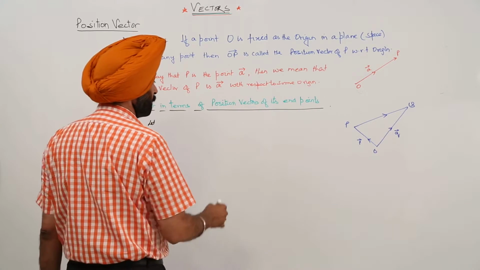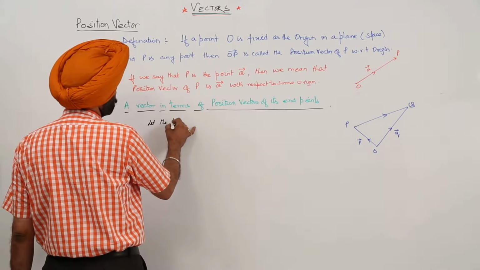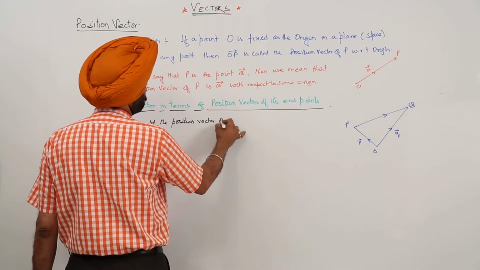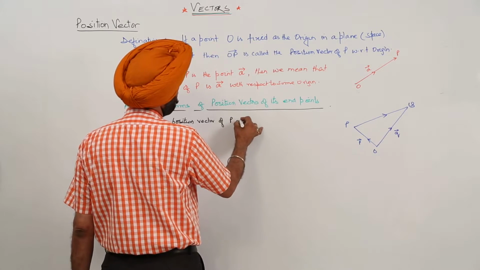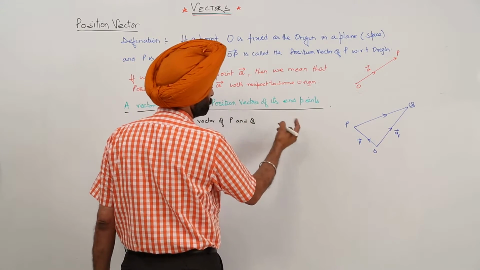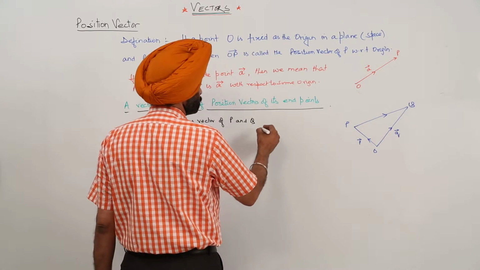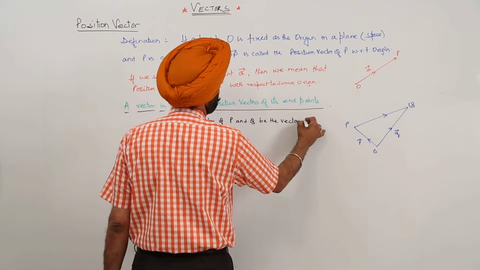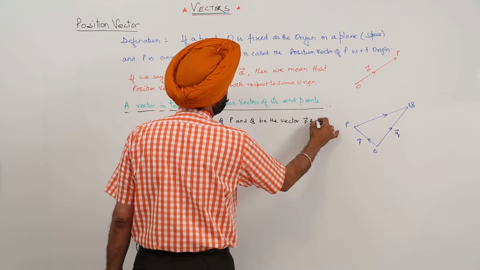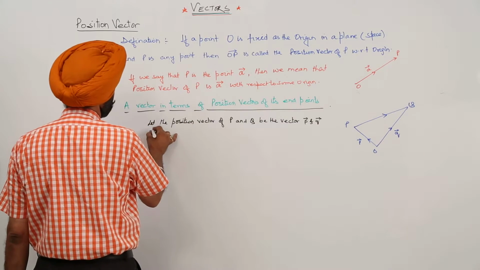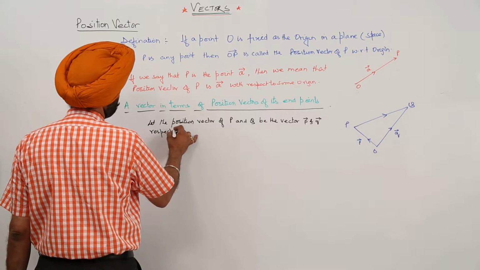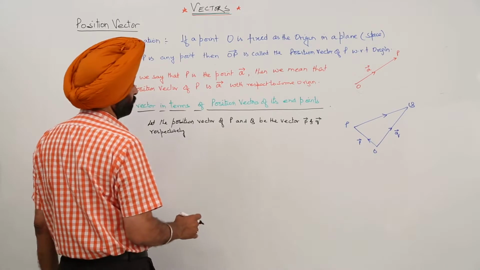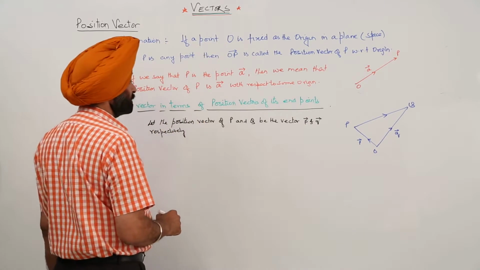In this figure, let the position vectors of P and Q be the vectors p and q respectively.